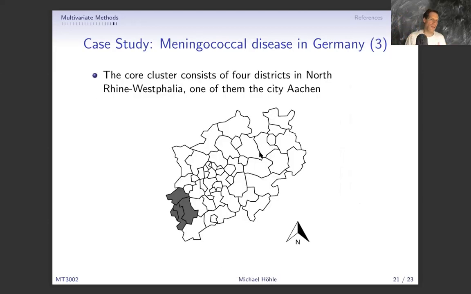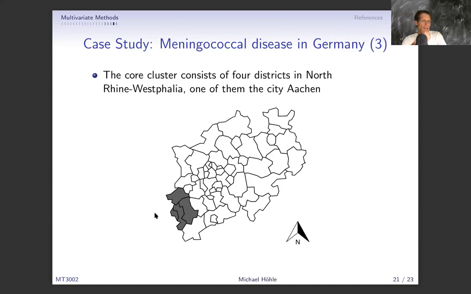And if you look closer at the data from entire Germany, the maximum region where this is generated consists of 4 regions in the federal state of North Rhine-Westphalia, which looks like this. This is the biggest federal state in terms of population, 17 million, and very close to the Dutch border, where the Netherlands are located.